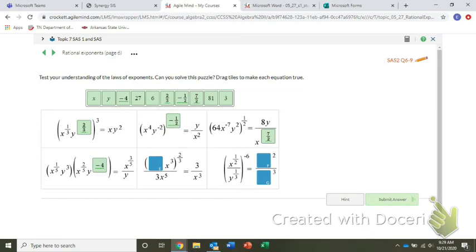All right, the next one has to be a whole number. So, let's see. We've used 2/3, we used negative 1/2, we've used 7/2, we used negative 4. We know it has to be a number. So we're down to these 4 answers.